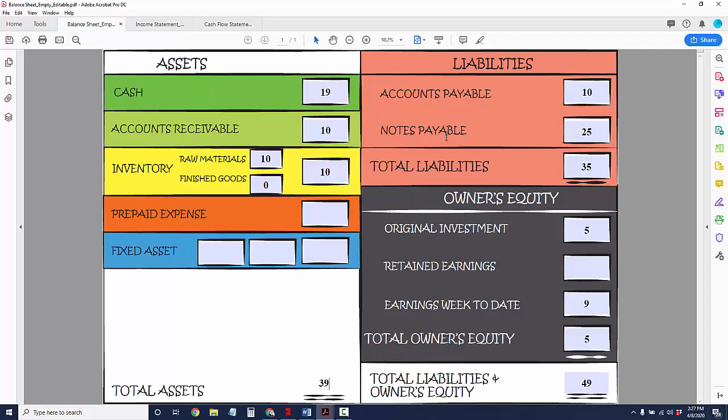Our notes payable, reflecting the $25 loan we had with the bank, now goes down to 15 because we paid back $10 of this loan. That brings our total liabilities to 25. Owner's equity stays at 14, and this brings our total liabilities and owner's equity to 39. And yes, we are in balance.